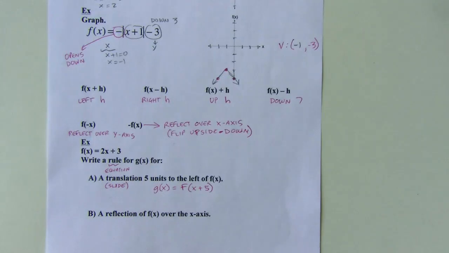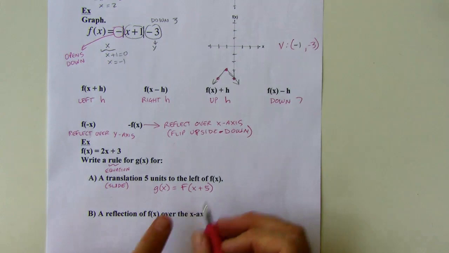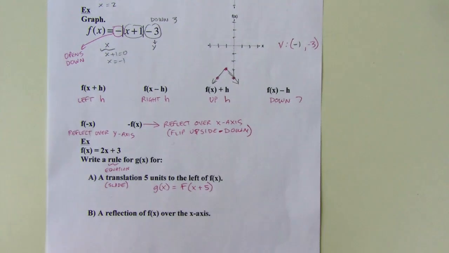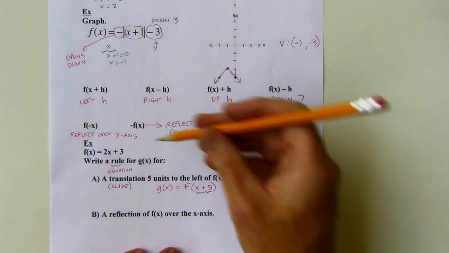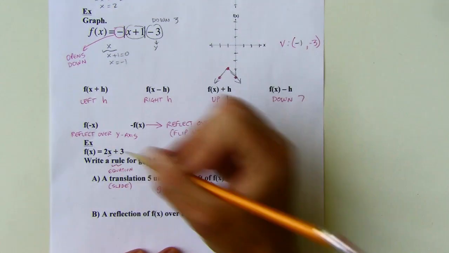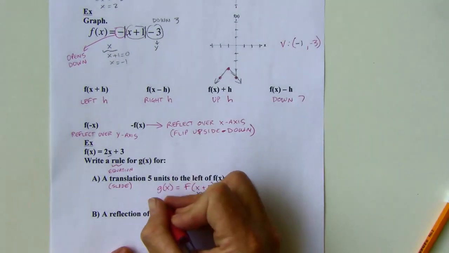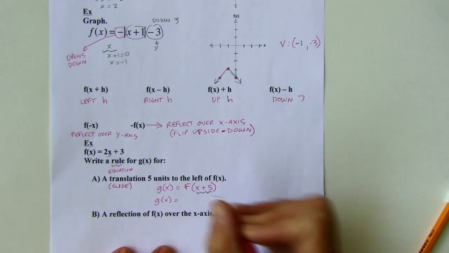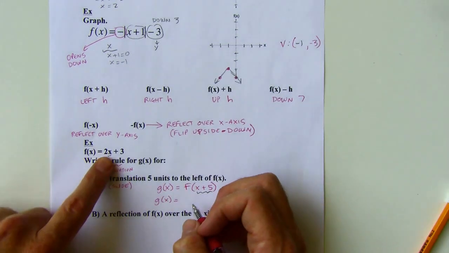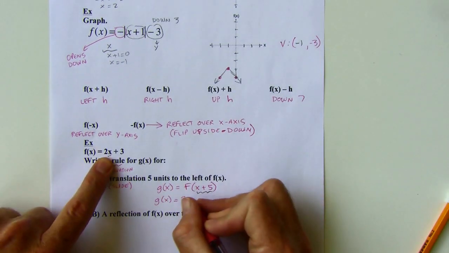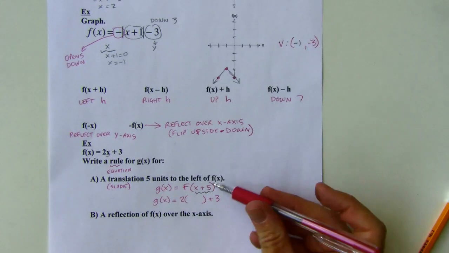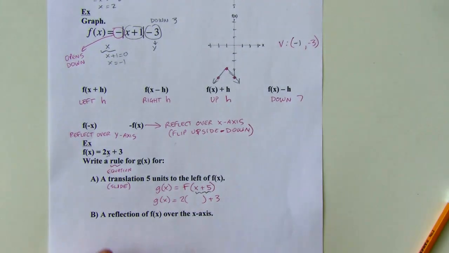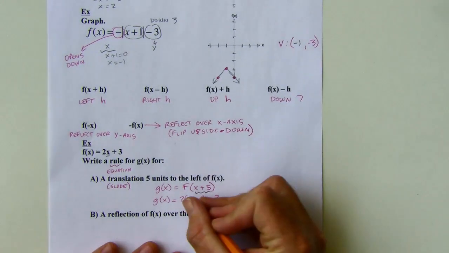Now I'm going to actually write what f of x plus 5 is. And remember, that's just inputting x plus 5 into the input right there. So I've got 2 times something plus 3, and that something is going to be x plus 5. X plus 5 is my input, so that goes right there.